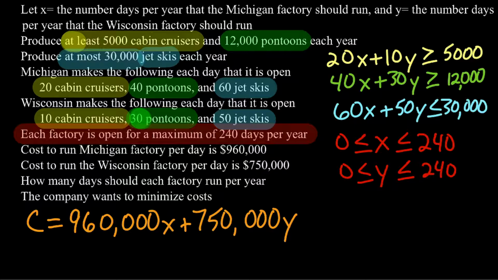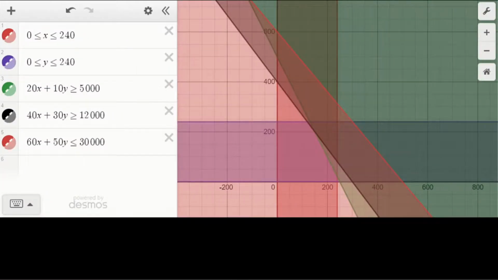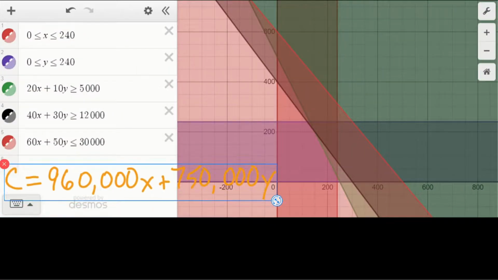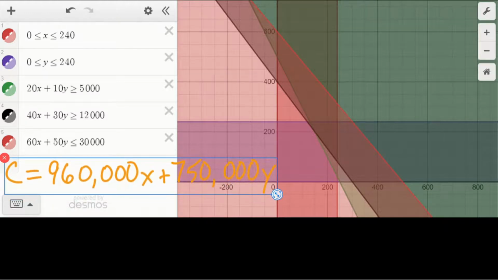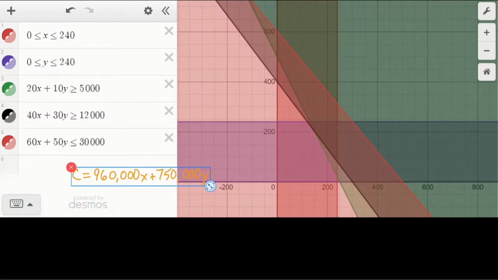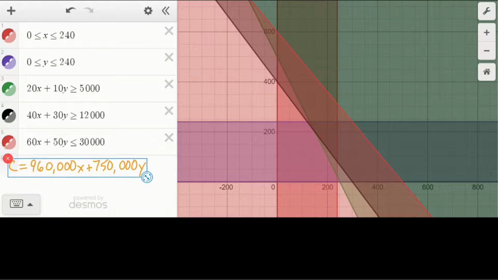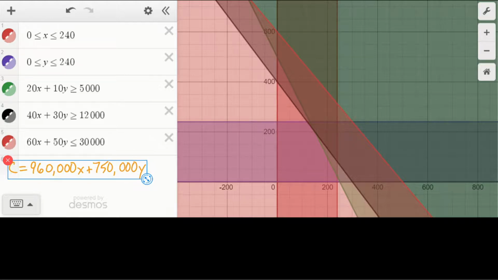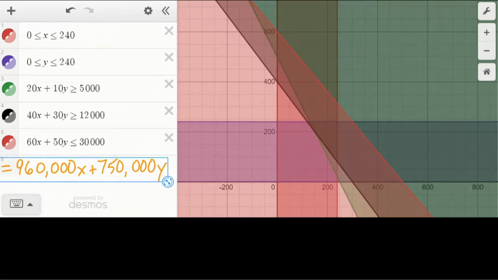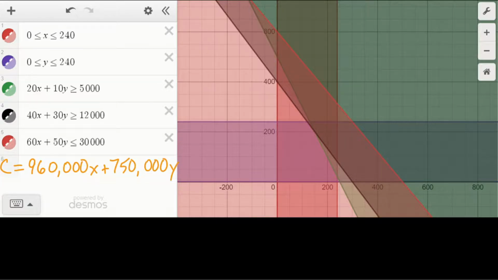All right. So here is the equation that we're going to try to minimize. And it's kind of hard to see, but our region is in here. And up here, there's a point of intersection that I cut off.